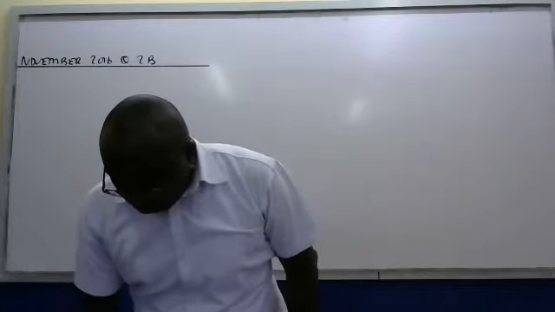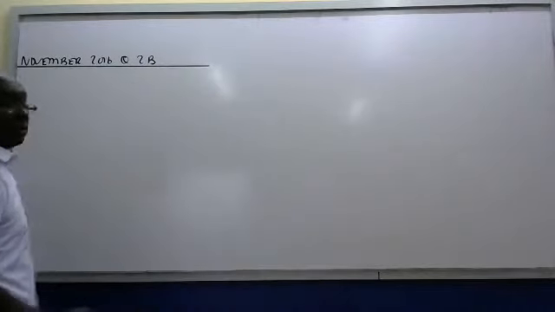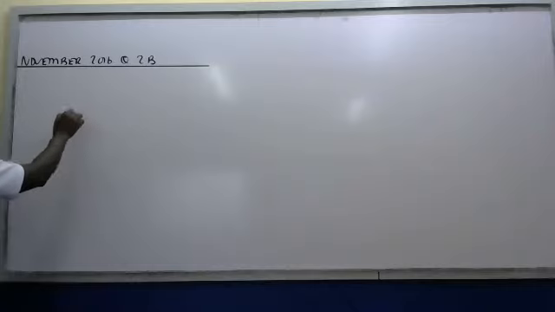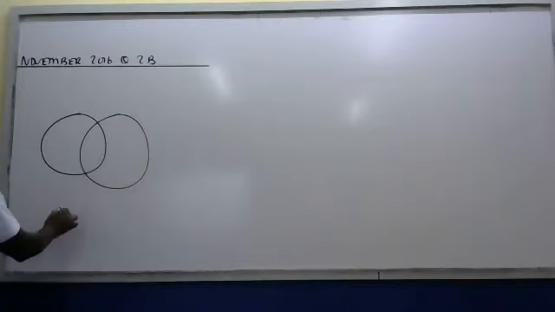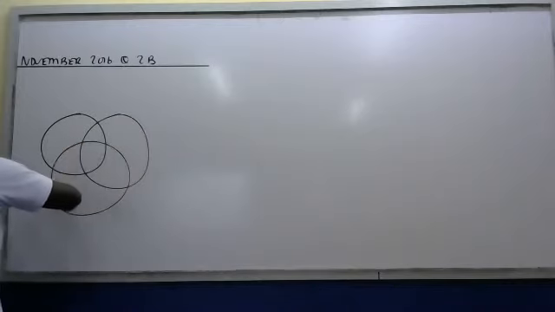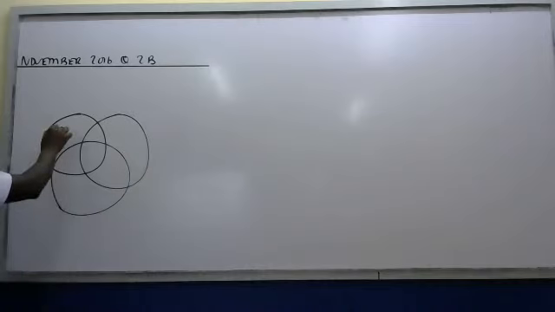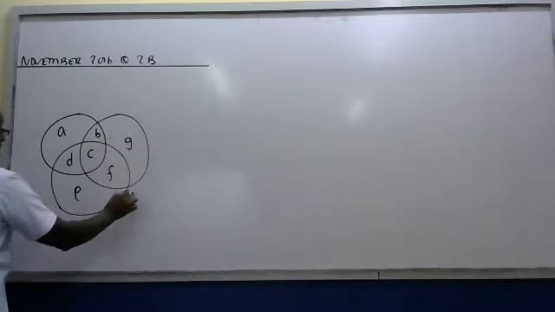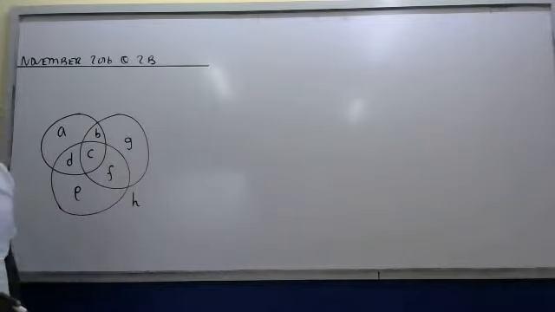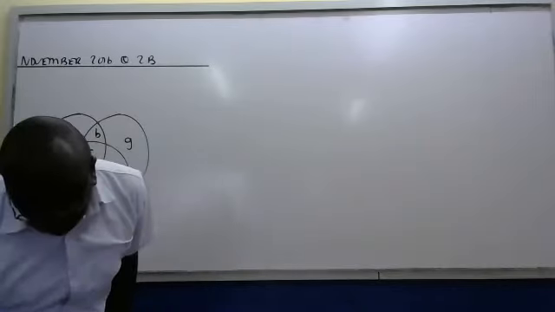Just from the look of the structure, you can see there are 3 sets. So this is A, B, C, D, E, F, G, and H. There are 3 courses.